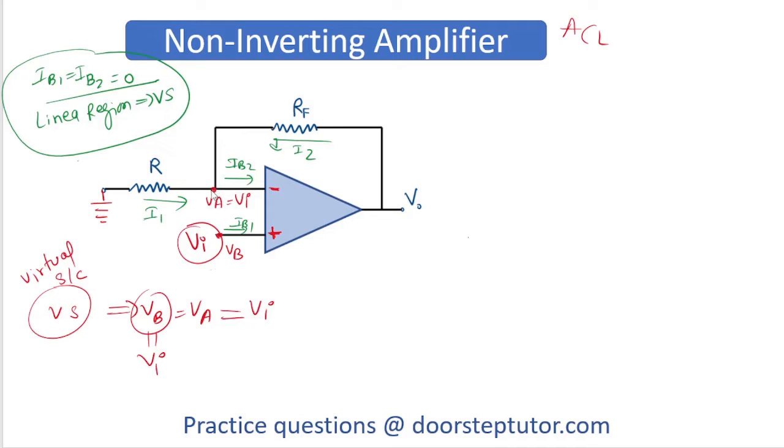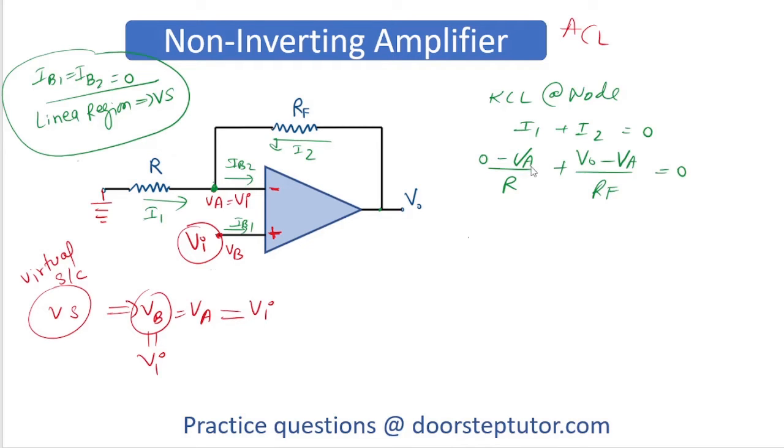Now let us write the equation at node A. If we apply KCL at node A, I1 plus I2 is equal to 0. The current I1 is given by 0 minus VA upon R, and the current I2 is given by V0 minus VA upon RF, which is equal to 0.